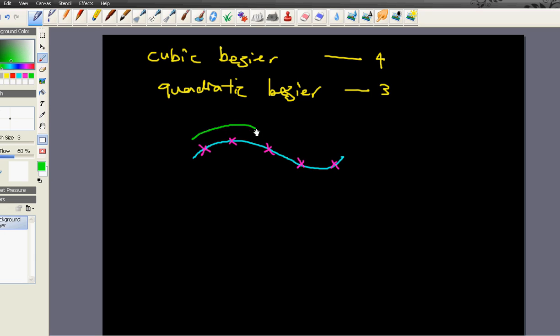Here you need 3 points to form a quadratic, so these 3 points can interpolate this part of the curve, and then we need another 3 points to interpolate another quadratic Bezier to get the other part of the curve. We use these 3 points, and notice that this point is actually shared by both curves or both interpolations.